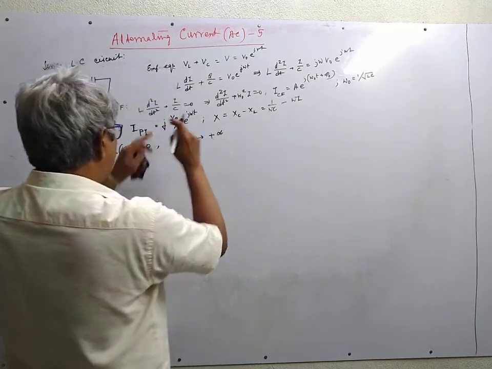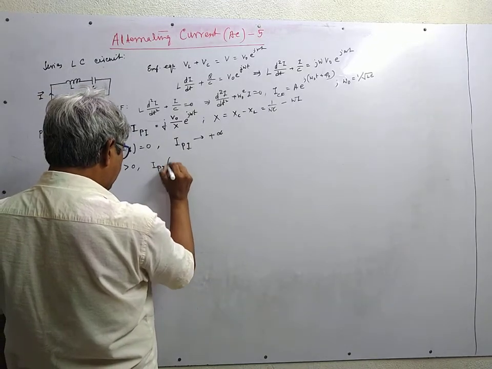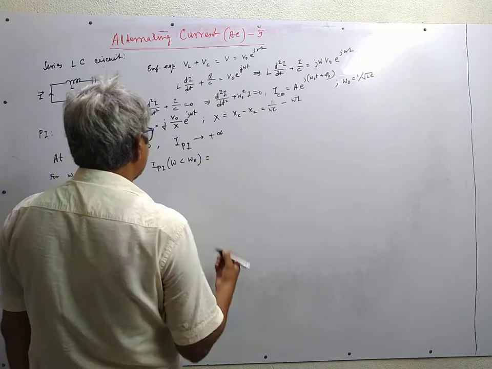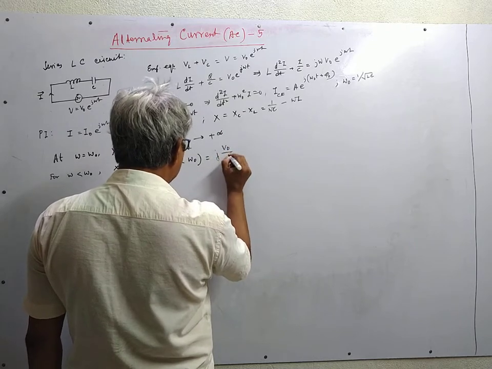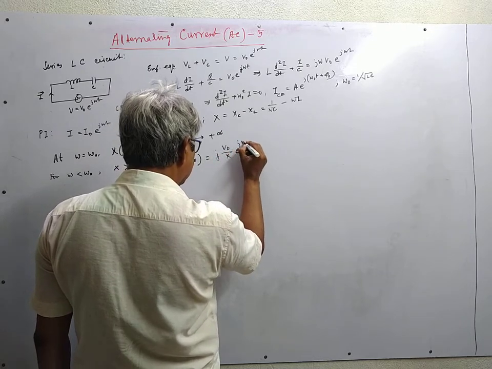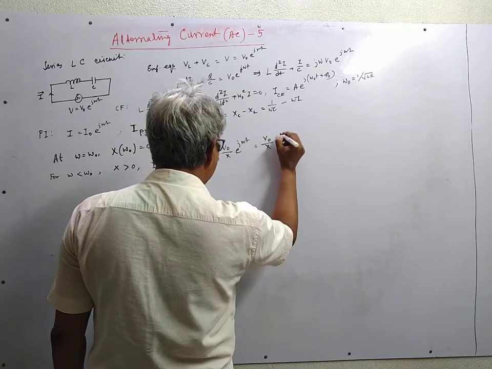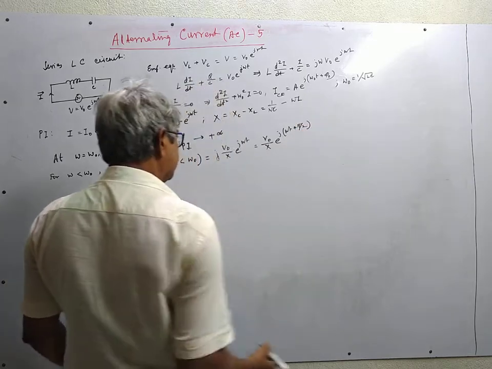IPI for omega less than omega 0 is equal to j V0 by X e to the power j omega t. This is V0 by X e to the power j omega t plus pi by 2.